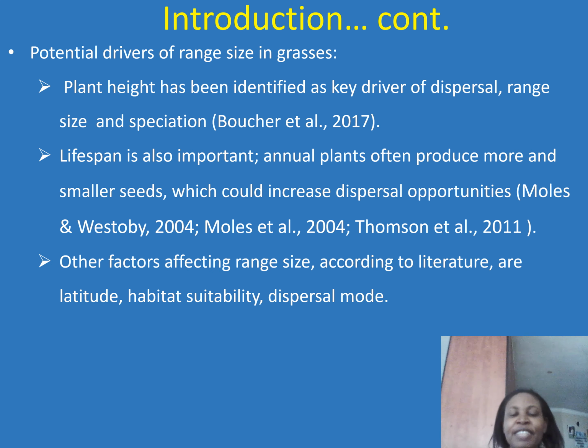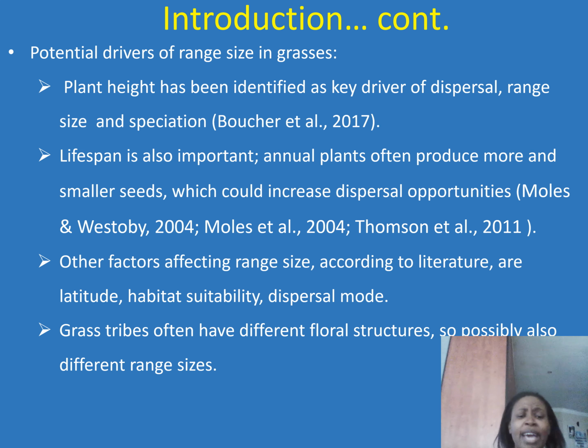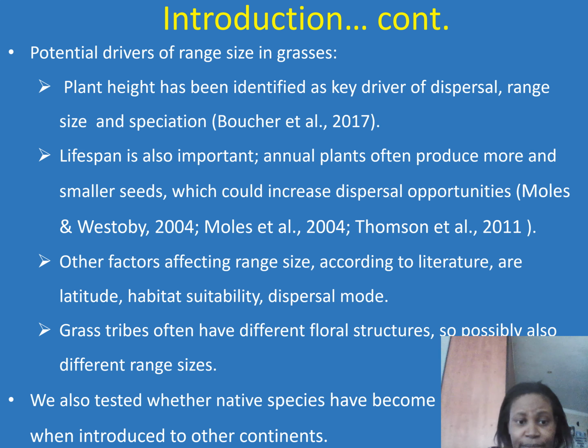Other factors affecting range size according to the literature are latitude, habitat suitability, and dispersal mode. Grass types have different floral structure, so possibly also different range sizes. We also tested whether native species have become invasive when introduced to other continents.